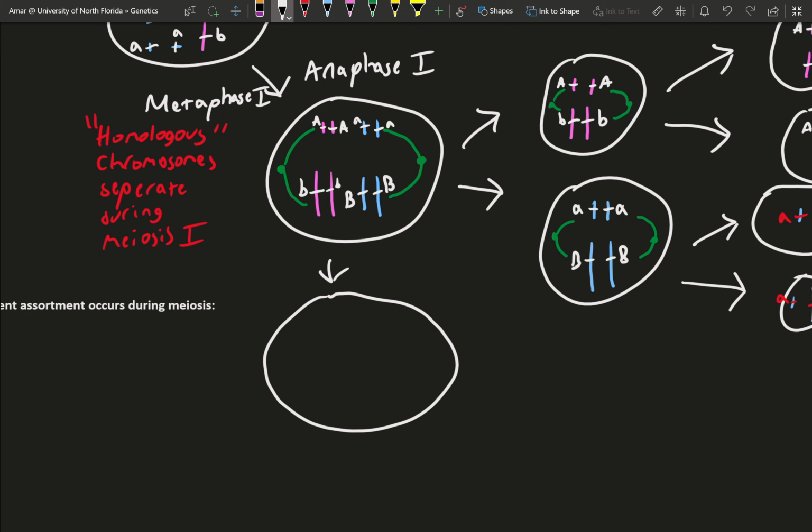There really isn't a set way these homologous chromosomes should line up. So basically what I mean is that these little a sister chromatids can actually line up to the left, and you will get a combination that is something like this.